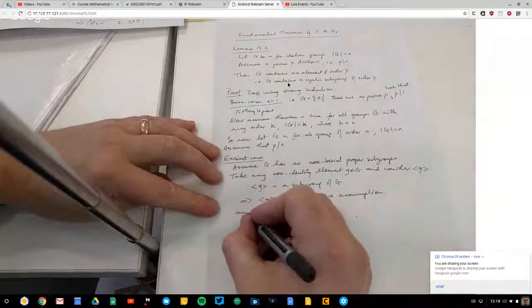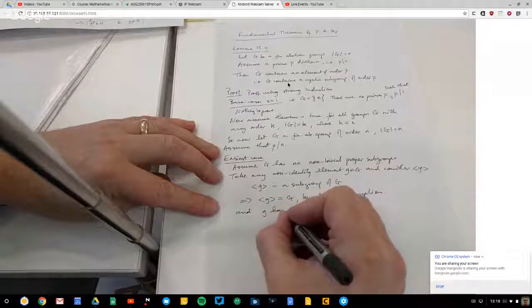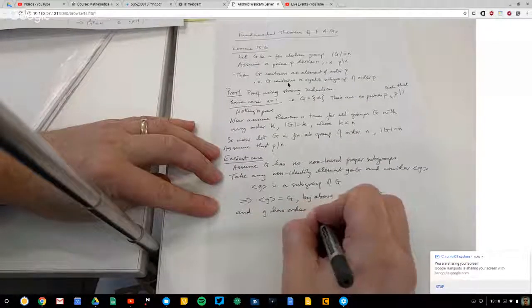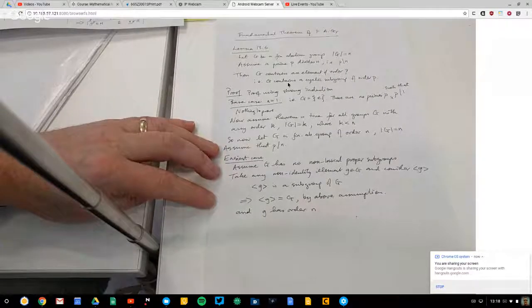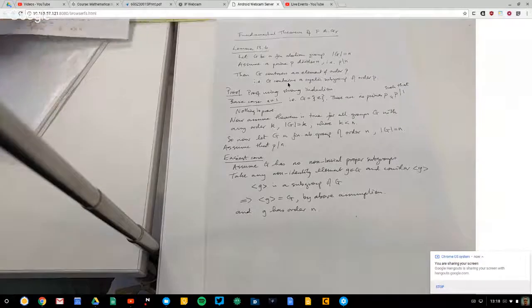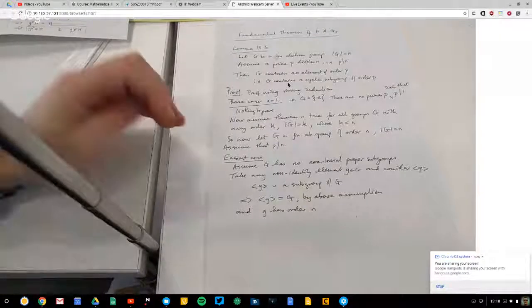And g has order n. Little g has order n. Is there no shorthand for how to write that? Yeah, there is.